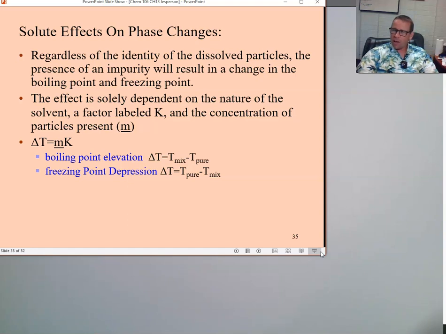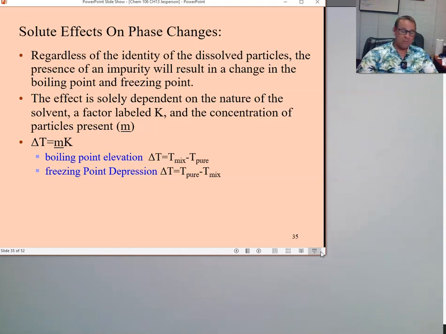If you think about that, if it freezes at a higher temperature, 10, 20, 30, then adding salt to ice would not help it thaw, right? Because what we want is for the ice to melt to water.